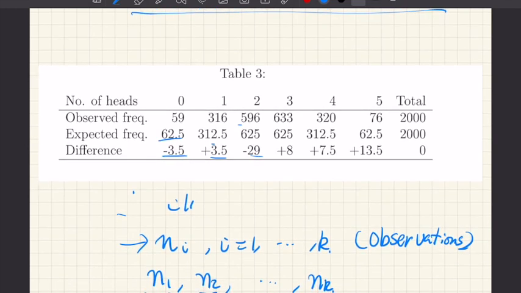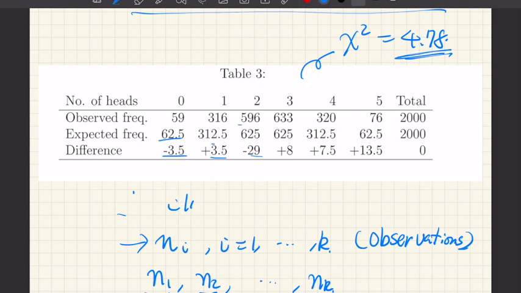If you do that, from this data, I think you should get a chi-square statistic of 4.78. You should check.